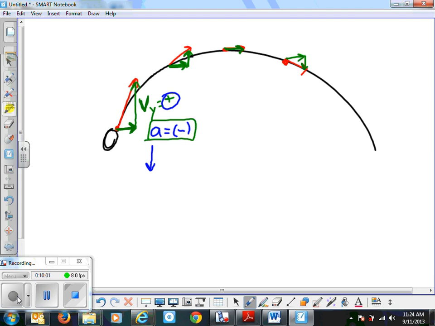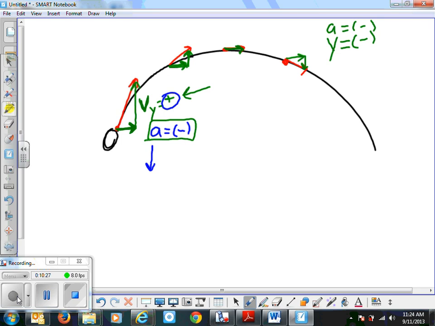Now, in this case, is the y negative or positive? It's in the negative direction because we deemed over here what we're going to call positive for the whole rest of the question. Which direction is my acceleration in this case? Negative, so we need to expect that the y is going to do what?